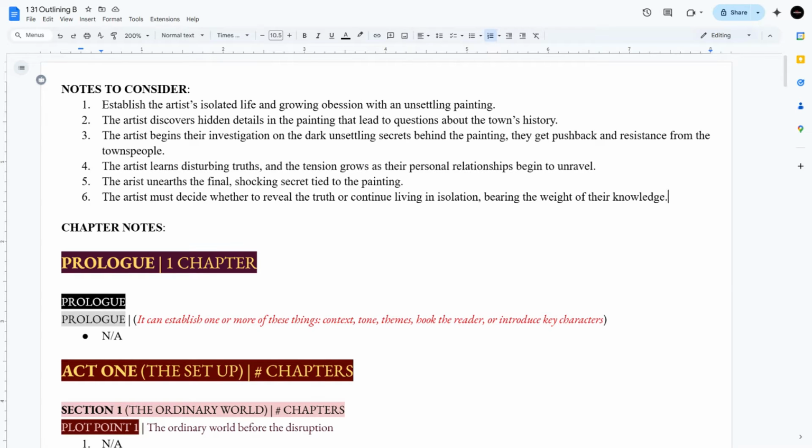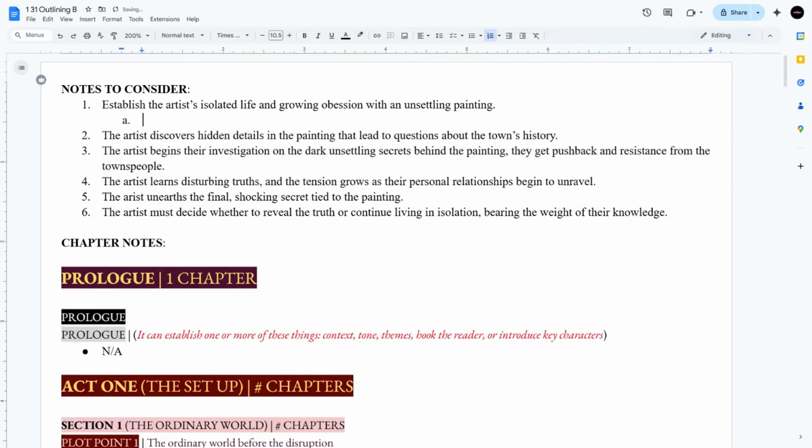I could also get a little deeper with it. I could go over here and establish the artist's isolated life and growing obsession with an unsettling painting. So maybe, you know, house, untouched, unfinished paintings all over their studio.